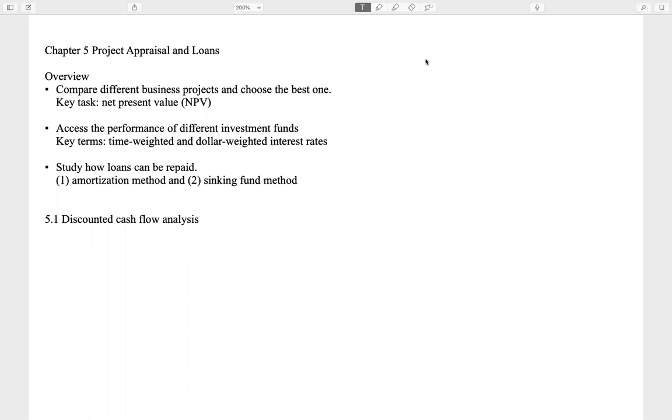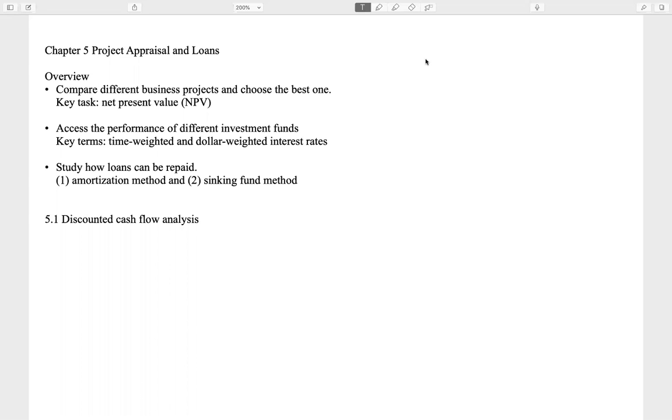Here in chapter 5, I give you a quick overview of our objectives. They are basically three. The first one, we want to compare different business projects and select the best one to take.